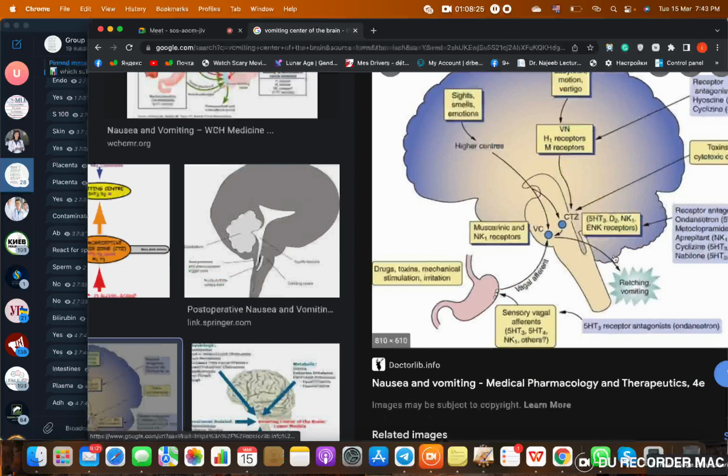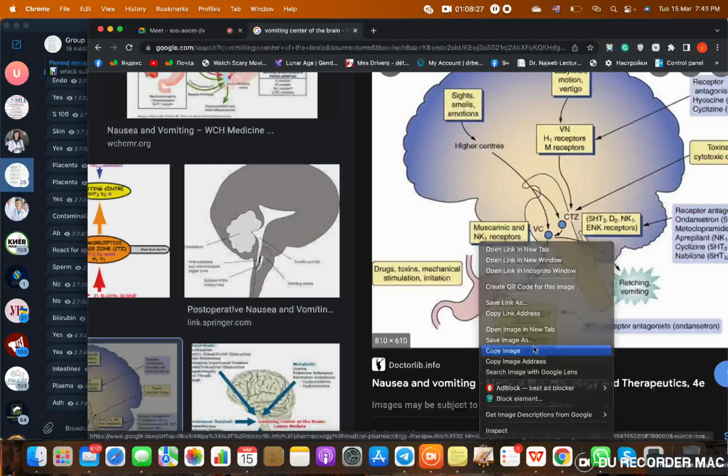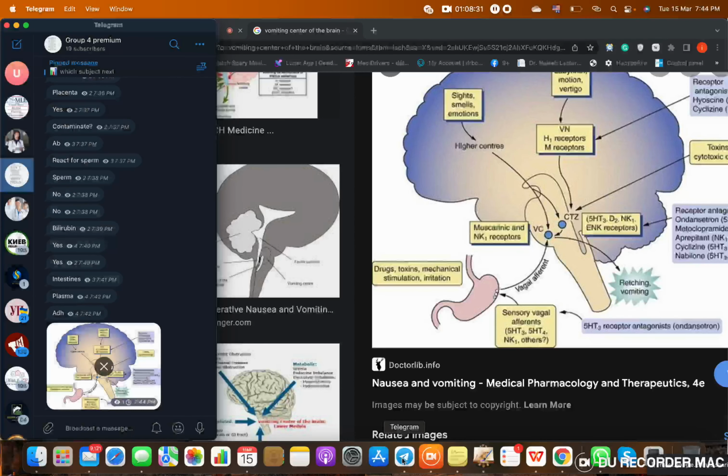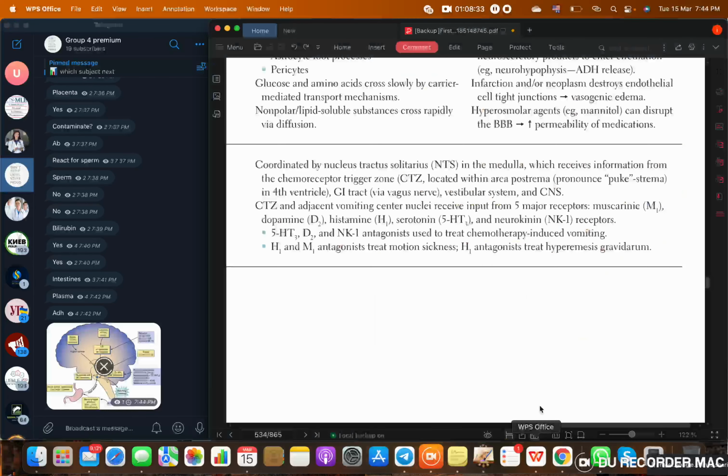So they write that all of this is mediated by the nucleus tractus solitarius, an area located within the brainstem, in the medulla.